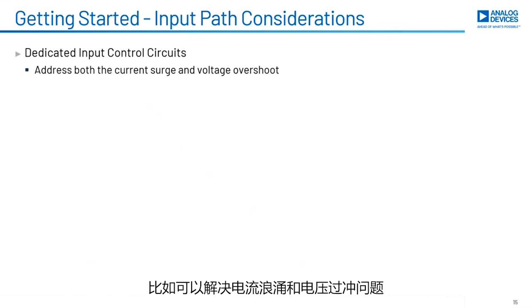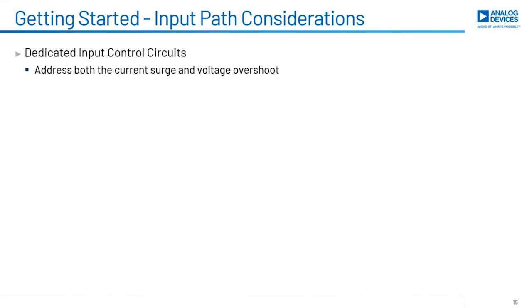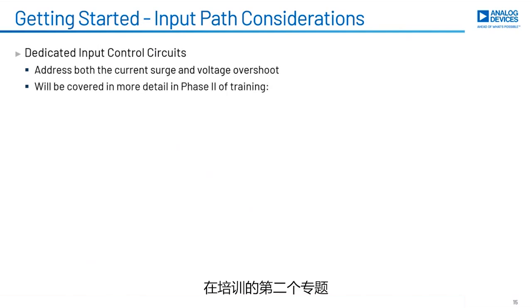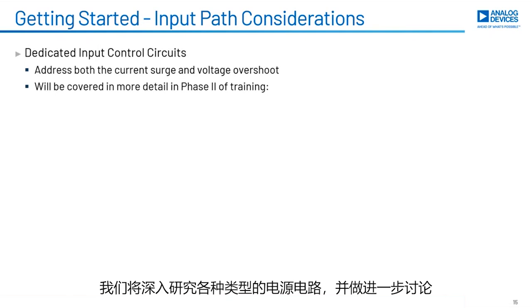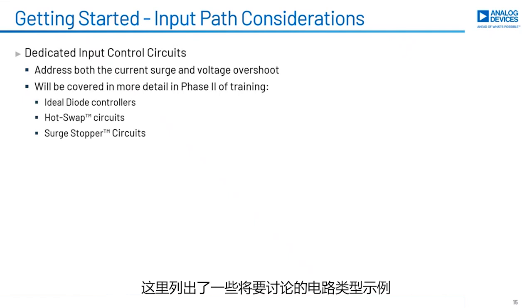And they can address both the current surge and the voltage overshoot. And these will be discussed more in phase 2 of this training when we do a deeper dive into the various types of power circuits. But just some examples of the types of circuits that will be covered.